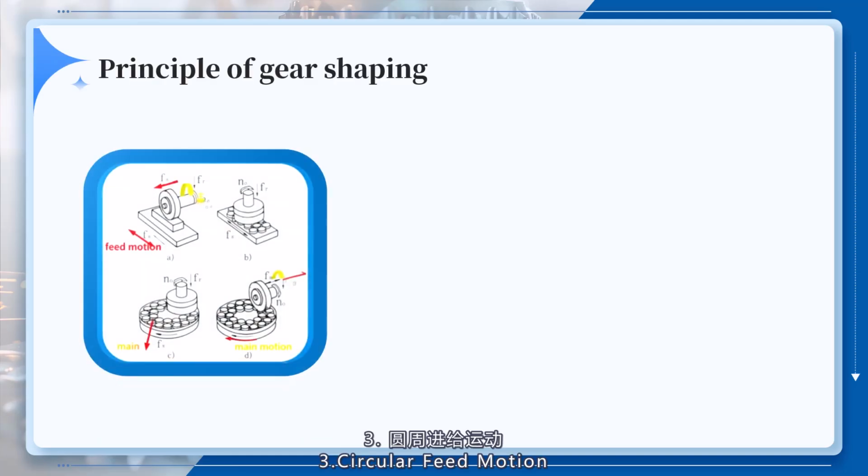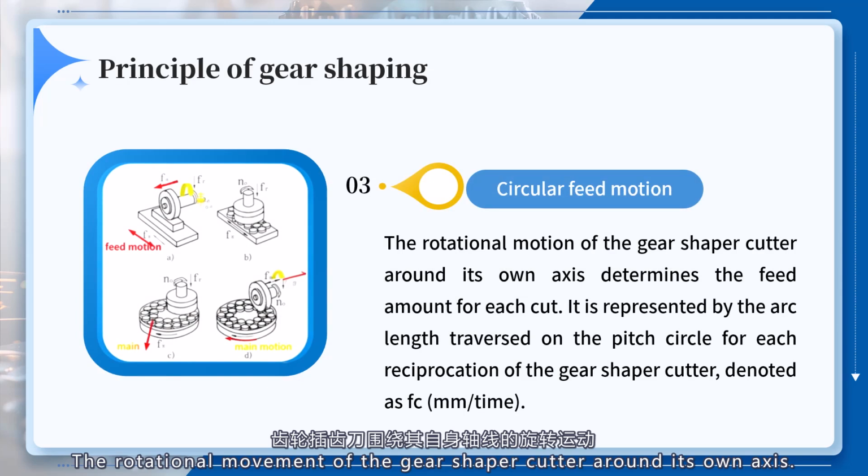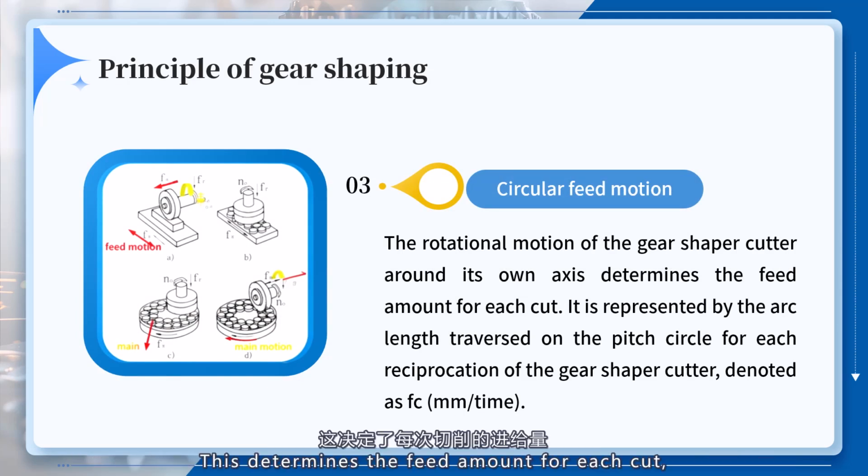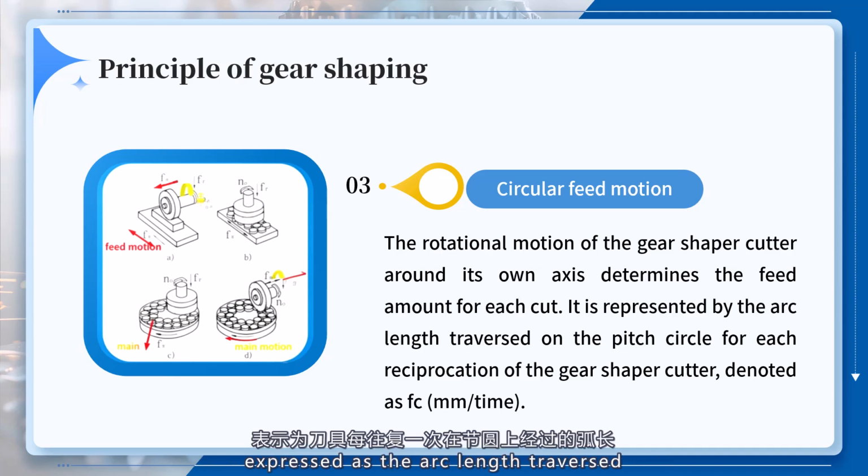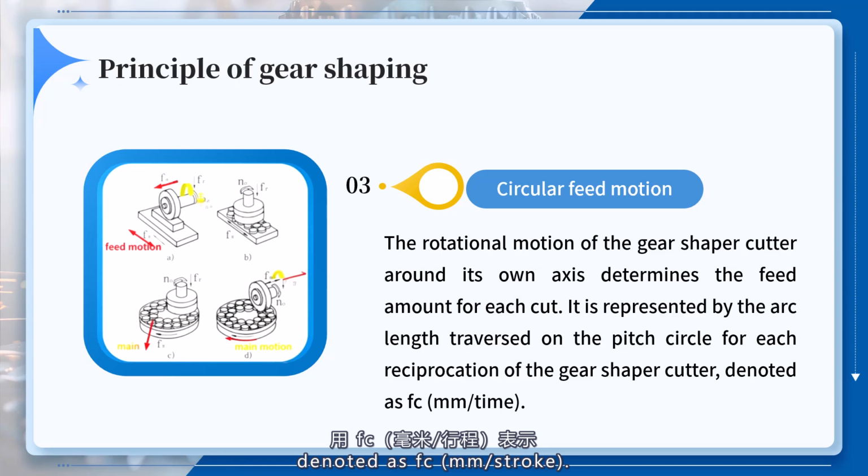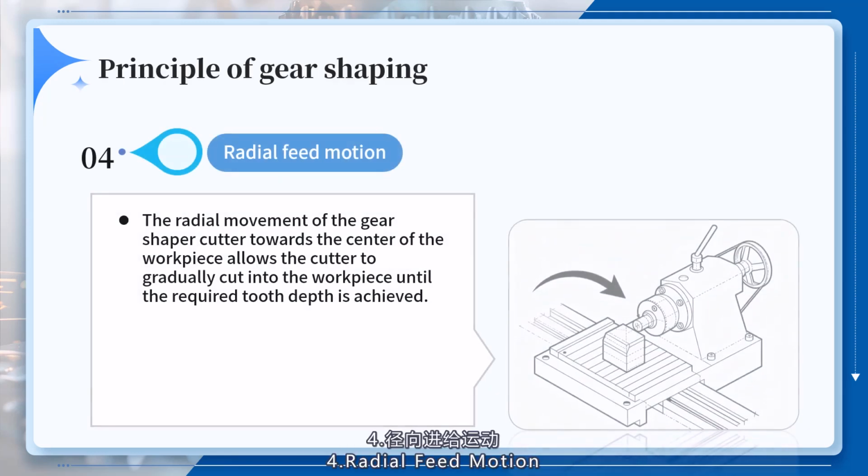3. Circular feed motion: the rotational movement of the gear shaper cutter around its own axis. This determines the feed amount for each cut, expressed as the arc length traversed on the pitch circle per reciprocation of the cutter, denoted as f_c mm per stroke. 4.